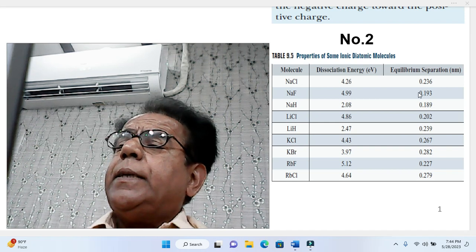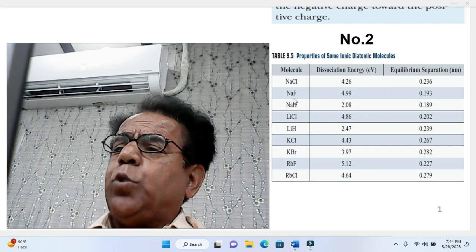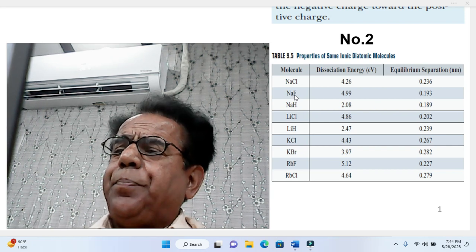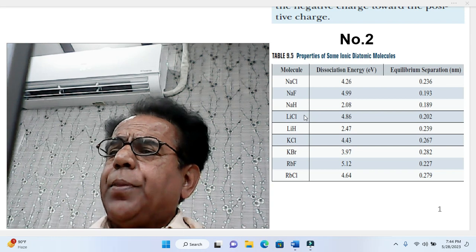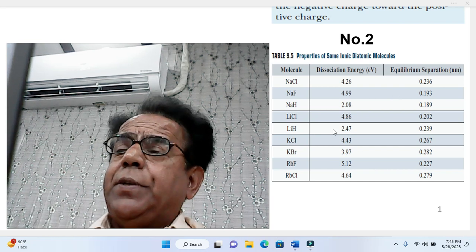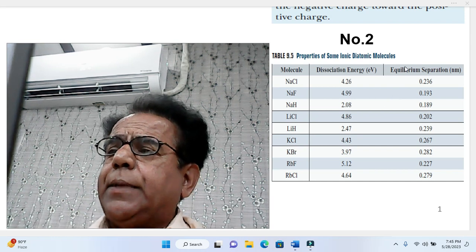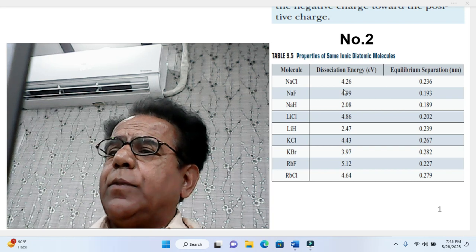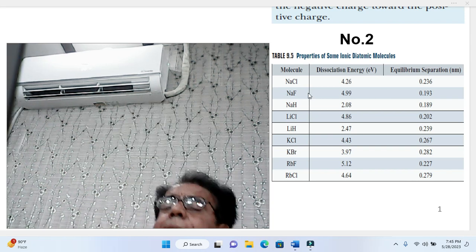Suppose in some other problem some other molecule is taken in place of sodium fluoride and its equilibrium separation is not given, then definitely we will consult such tables.